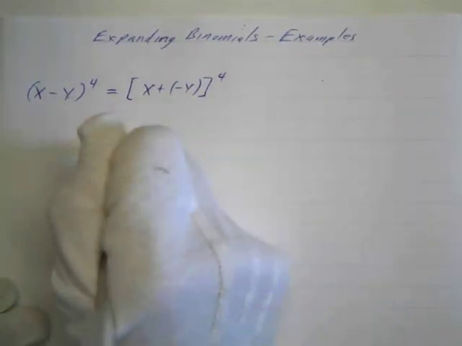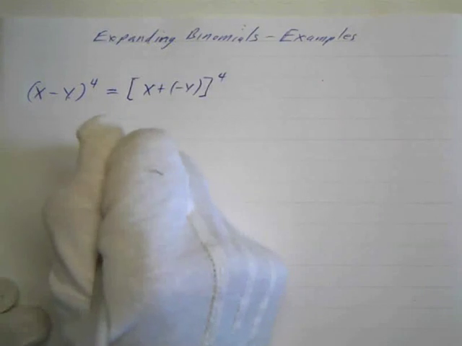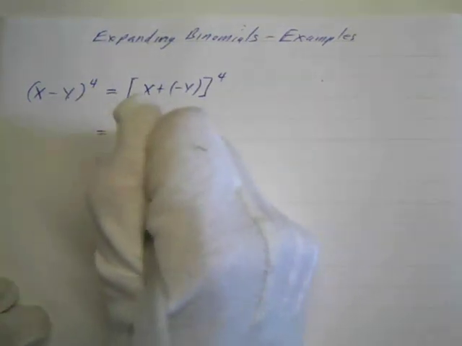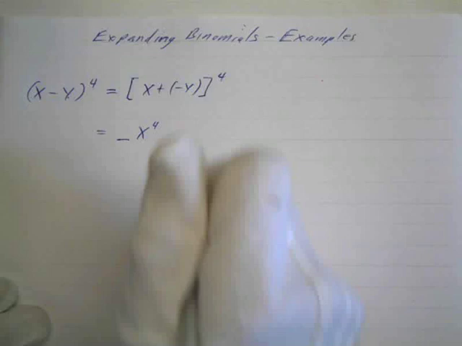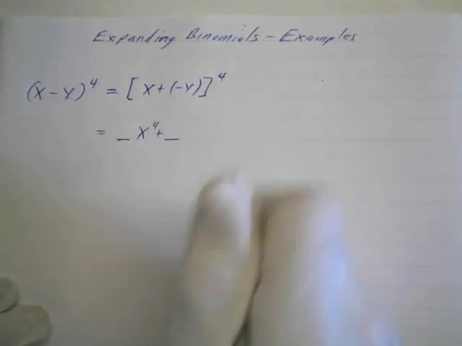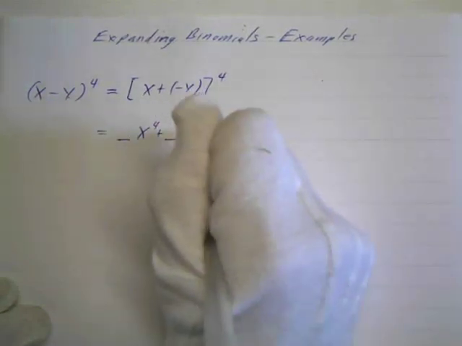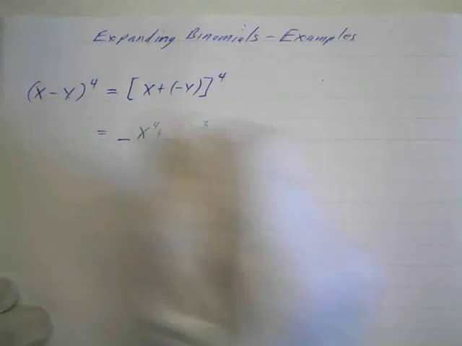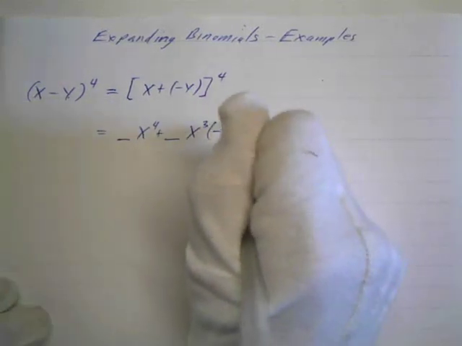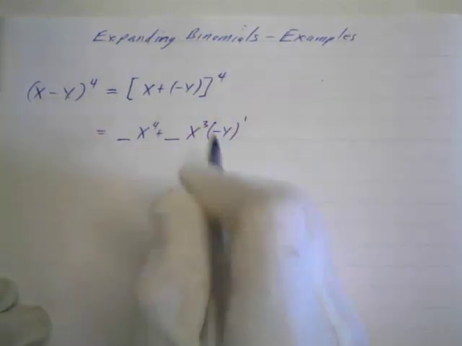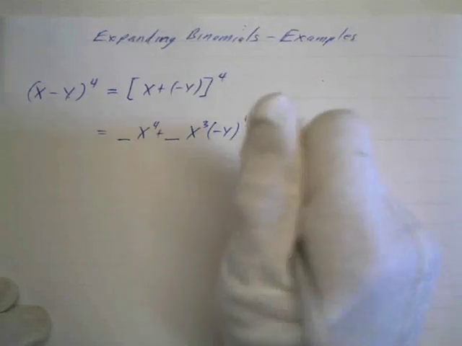So we write this out. So we have something times x to the fourth. Okay, and then we got plus, and then we got a number here, times x to the third. And then it would normally be y, but now it's going to be negative y, my second spot, to the first power. Remember, these always add up to be 1.